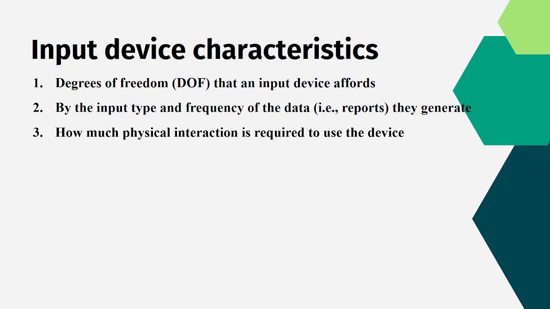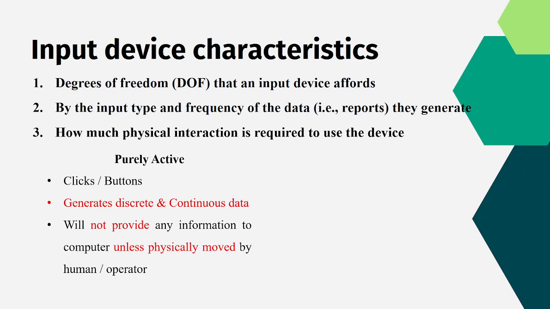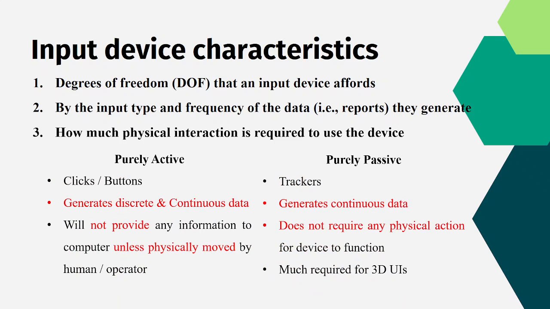In this category, you can divide devices into two types, purely active devices and purely passive devices. For example, purely active devices include clicks and buttons, and purely passive devices are basically trackers.